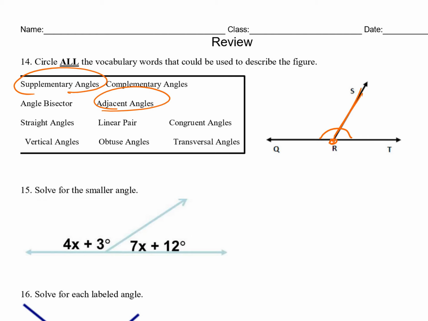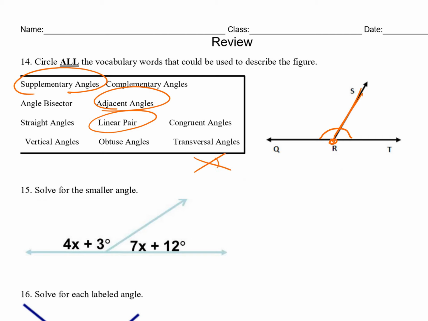Straight angles. A straight angle is just this. So I would say no on this because, on their own, neither one of them is a straight angle. A linear pair, yes, they make a line when they are combined. Congruent, we have nothing that indicates they're congruent. Vertical, they are not vertical angles.